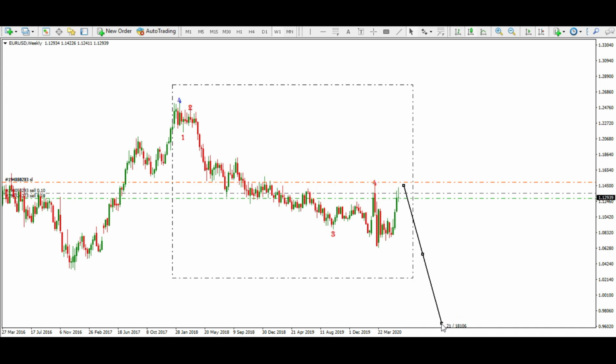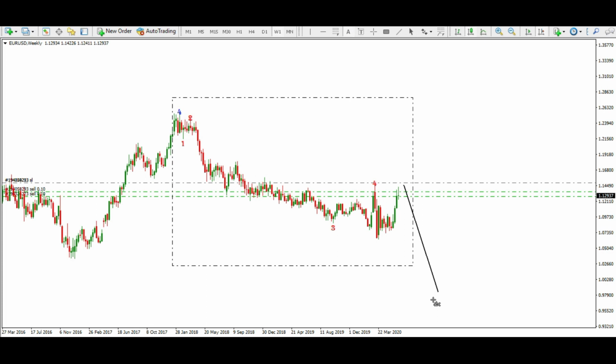Now that we have studied every price movement from the past, it is now time to study what is happening in real time as we speak.